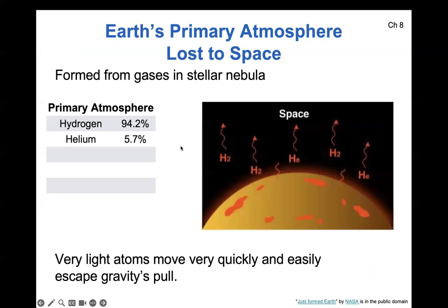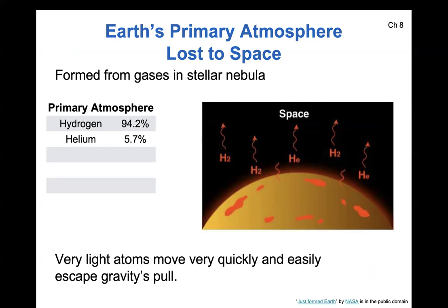But I said it all got lost in space, that primary atmosphere that matched the stellar nebula, because of the lightness. The question about the light nature of these elements was not just random. It was asked because it helps explain why we don't have this primary atmosphere anymore.